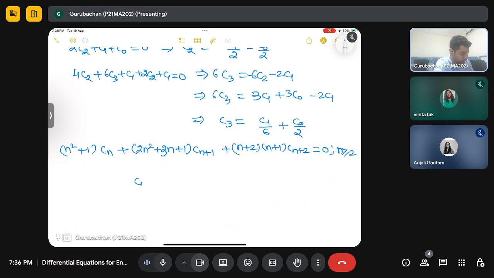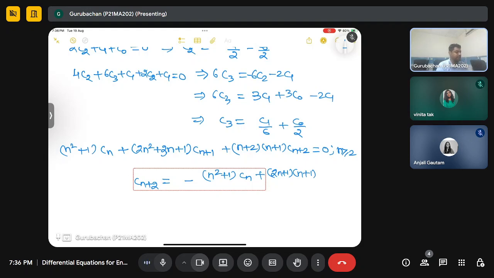If you rewrite it, then Cn plus 2 will be nothing but minus (n square plus 1) Cn plus (2n square plus 3n plus 1) Cn plus 1, divided by (n plus 2)(n plus 1). This 2n square plus 3n plus 1, what can we write it as? We may write it as (2n plus 1)(n plus 1). Is it correct? 2n square, 2n plus n is 3n, and this will be 1.